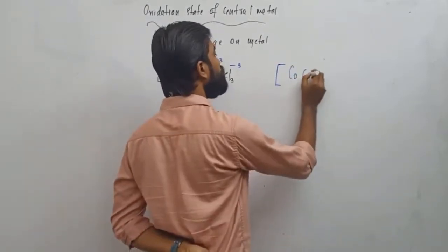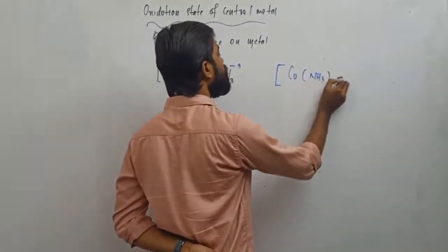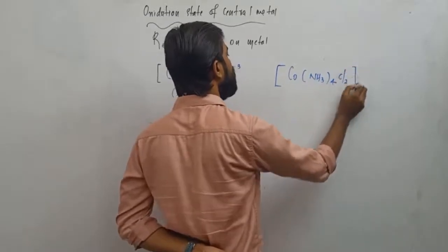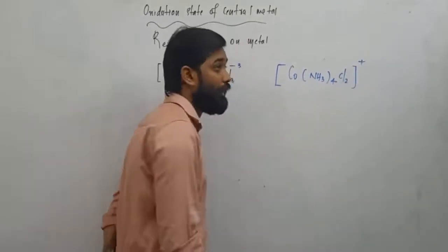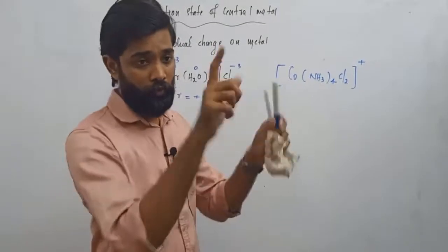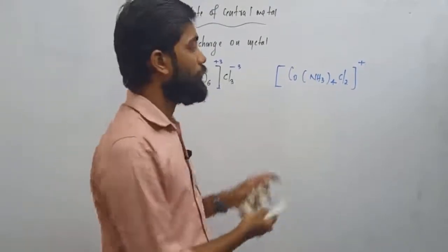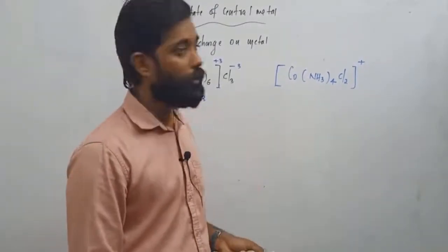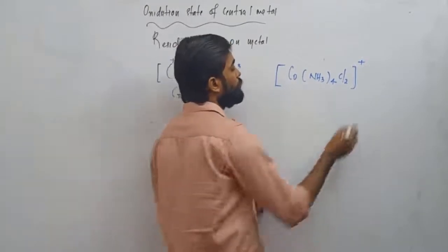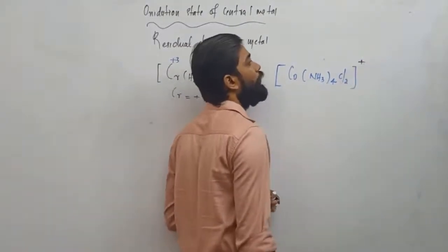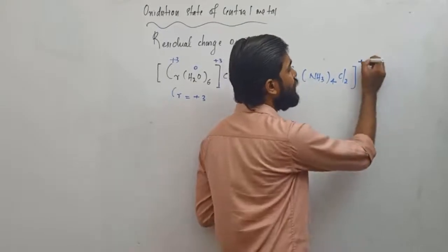I'll give you the next example. If I have a molecule [Co(NH3)4Cl2]+, in the form of an ion. What does it mean? The total charge of this entity is +1.